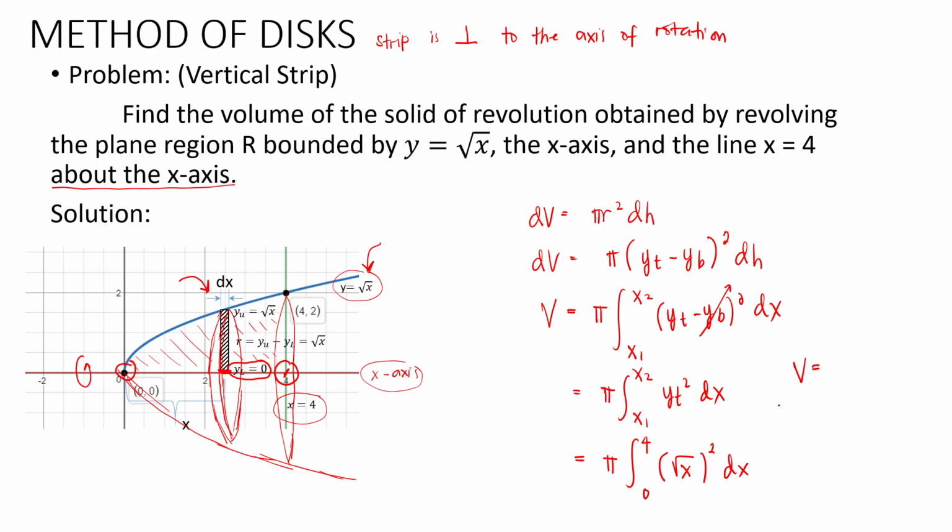So of course, you can help your calculator a bit. So pwede niyo siya i-pi 0 to 4 and then x na lang, di ba? x dx kay square root of x squared is just x. Okay, so the answer is 8 pi, or in numerical value 25.13 cubic units. So this is your answer.